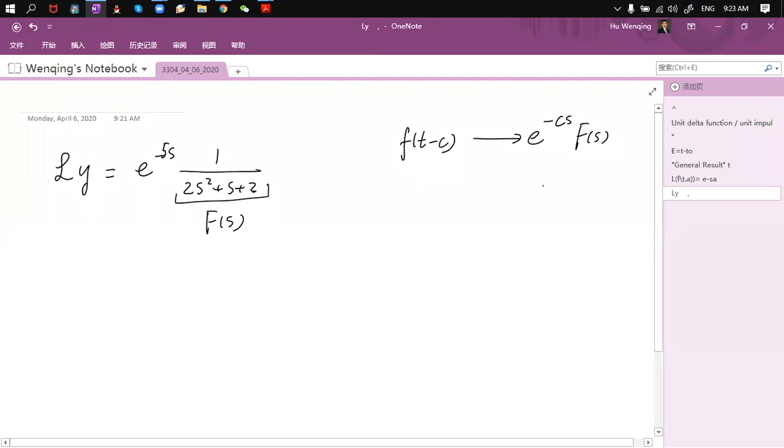But if you do a usual shift on the image, then it's going to be exponential of c t multiplied by f of t. So you have 2 ways of doing this transformation. You want to have this one as your capital F of s.